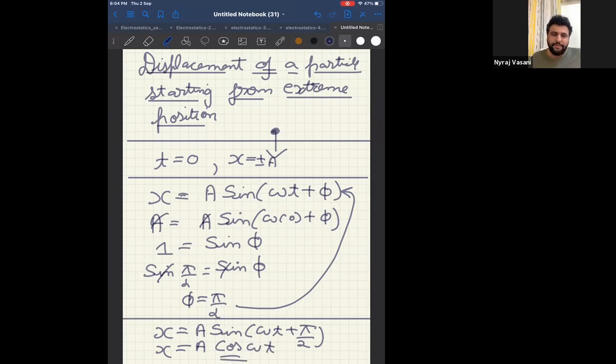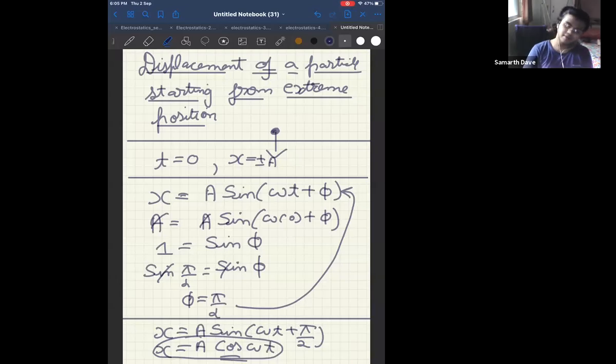Therefore, can I say displacement of a particle starting from extreme position is x is equal to a cos omega t. This completes our next derivation. Now you know 5 formulae for displacement. First copy this, then we'll do a revision. Sir, how did it happen? Sin to cos. Okay, understood.